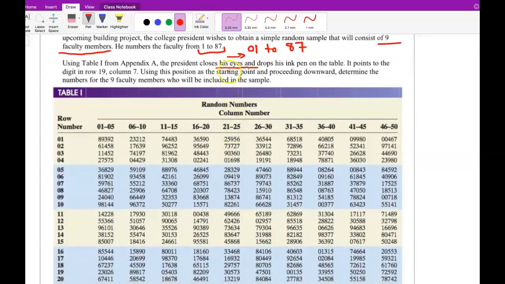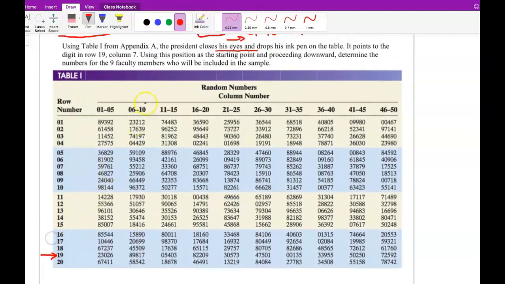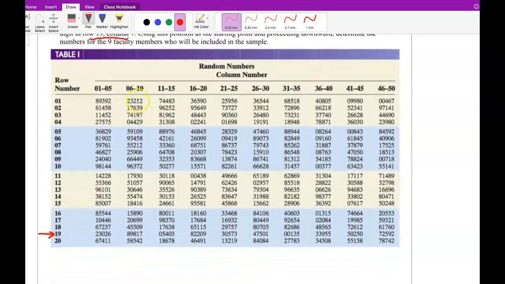That's why he's dropping his pen on the table. And that points to the digit in row 19 and column 7. Let's find that. Row 19, and column 7: this is 6, 7, 8, 9, 10. This column is 7.